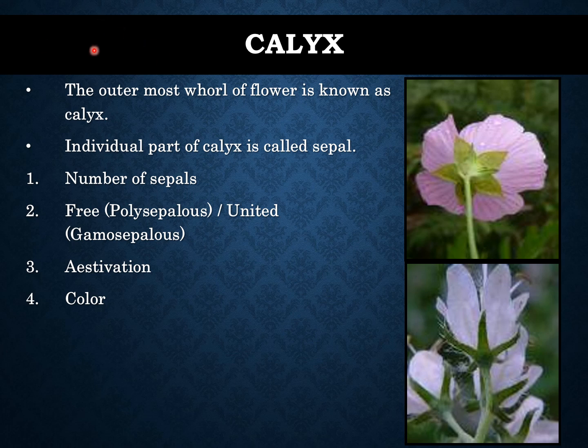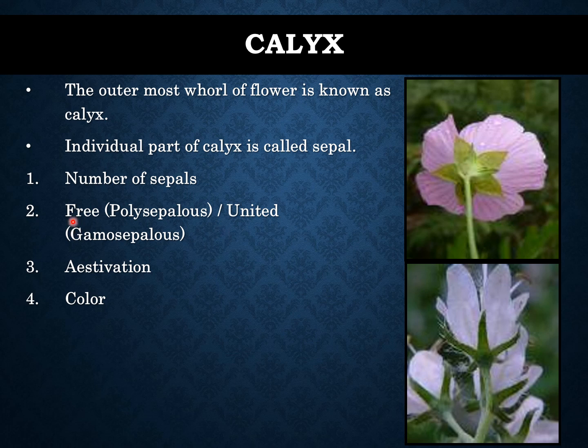Now let us discuss the first whorl of the flower, that is calyx. Calyx is the outermost whorl of the flower. It is known as calyx, and each individual part of the calyx is called a sepal. So here you have to count the number of sepals: 1, 2, 3, 4, and 5 sepals.